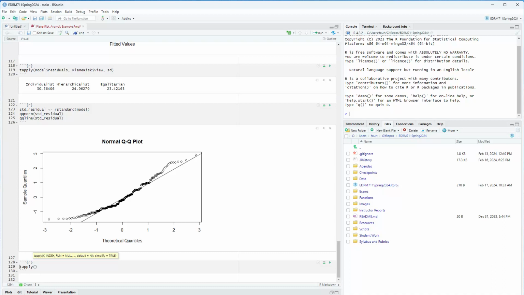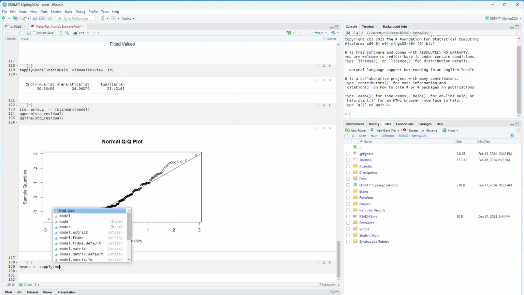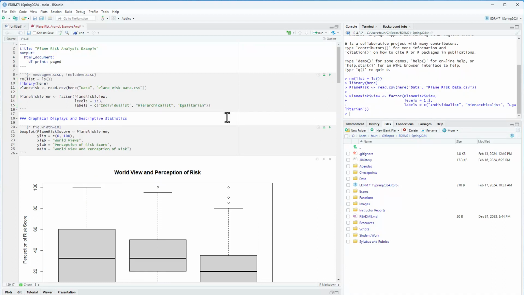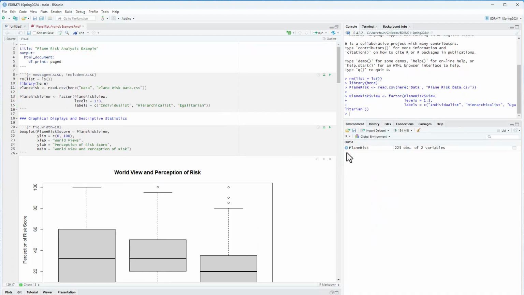This time I'll call this means, and we'll look at these using the tapply. And so we have for our environment up here, let's remind ourselves, and actually let's go ahead and fill that in because I hadn't loaded the data yet.